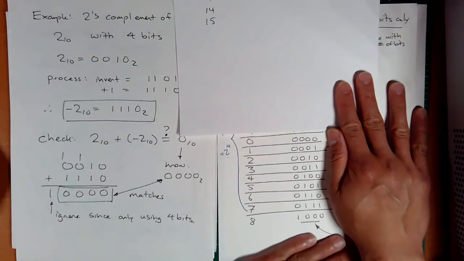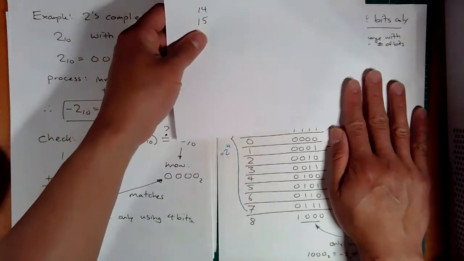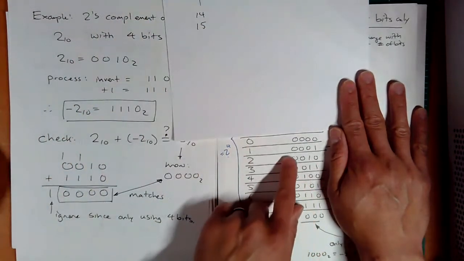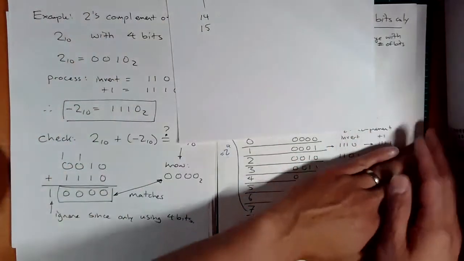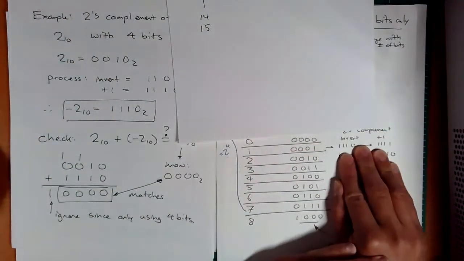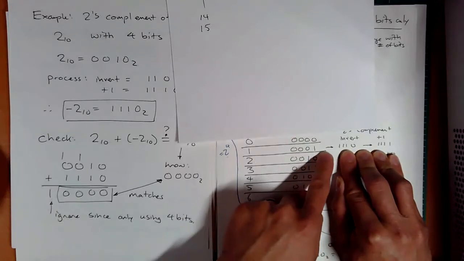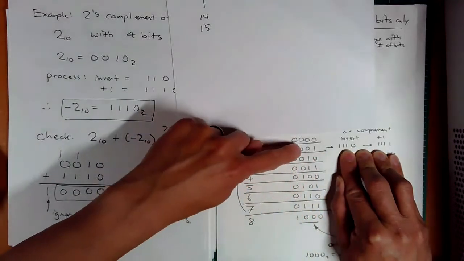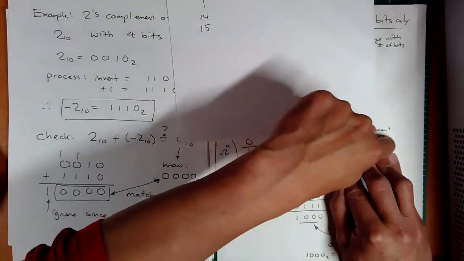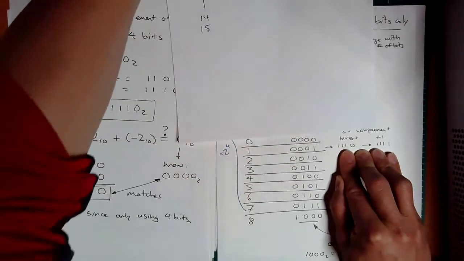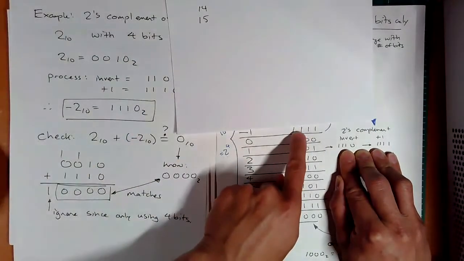This is great, okay? Now, if I want to build the 2's complement, for example, of these positive sets of numbers, let's do it. So for 1, what am I going to do? I'm going to invert and add 1. Okay, so look at this, 1, 1, 1, 0, good. And I'm going to add 1, so I get 1, 1, 1, 1. That number is going to go right there.